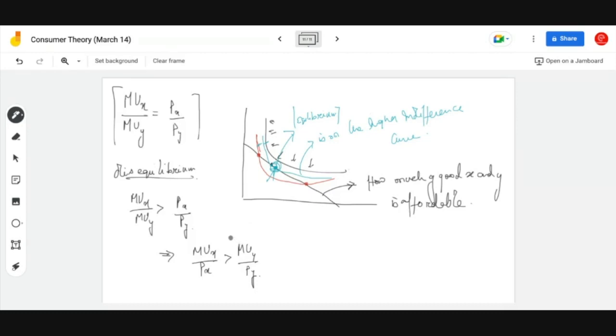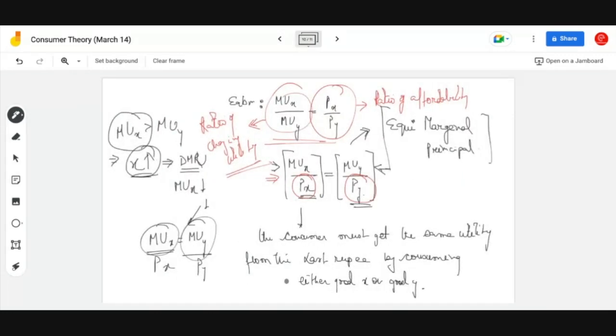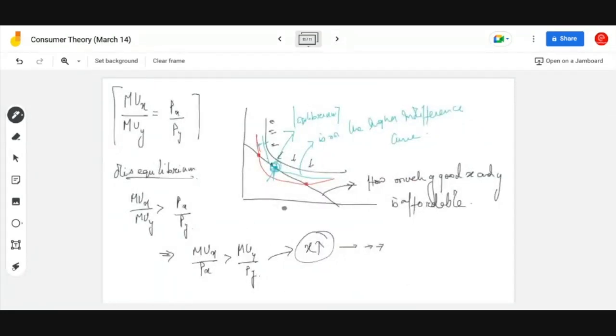In this case, X consumption will increase, and as X keeps increasing, the marginal utility from each additional unit, MUX, keeps decreasing, such that finally MUX upon PX is equal to MUY upon PY.